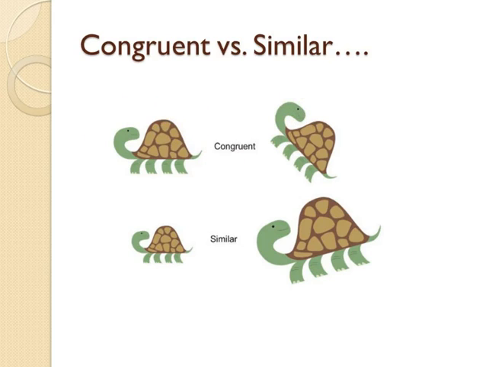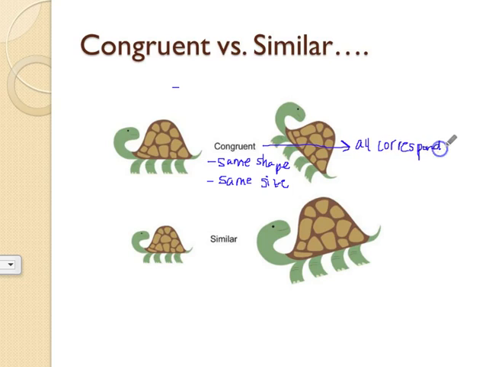So when we've got congruent, you're going to have same shape and same size, which means that all corresponding angles and sides are going to be congruent.